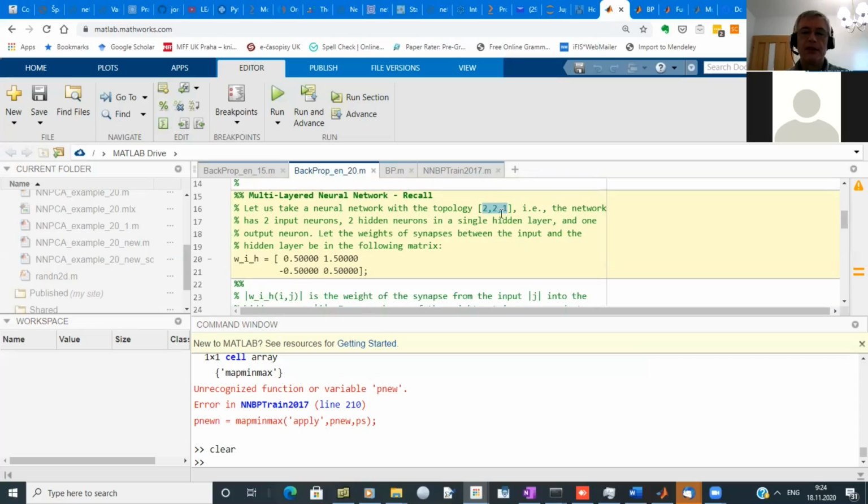So let us start with giving the original weights of the network. We will not generate the weights for the network now, but we will use some values for the weights. So let the weights between the input and hidden layer be this matrix.